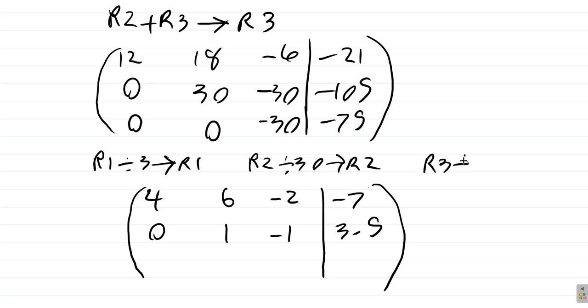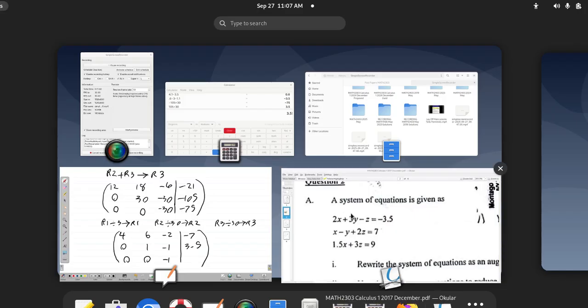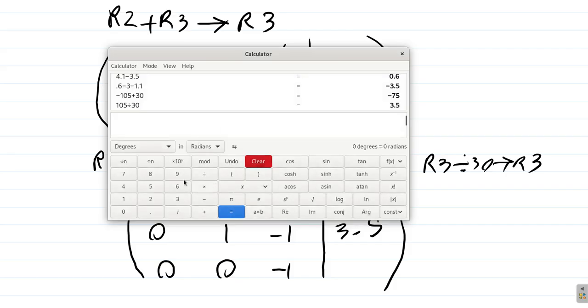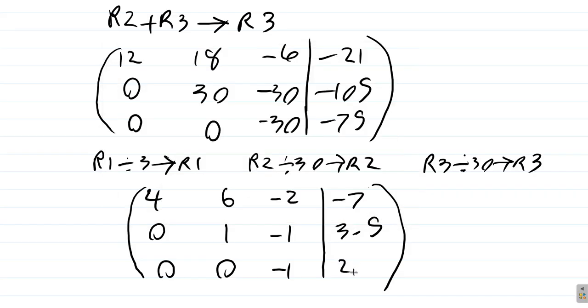Row 3 divided by 30 gives us one new row 3. 0 over 30 is 0, 0 over 30 is 0, negative 30 over 30 is negative 1, and 75 over 30, we get 2.5, negative 2.5 that is.